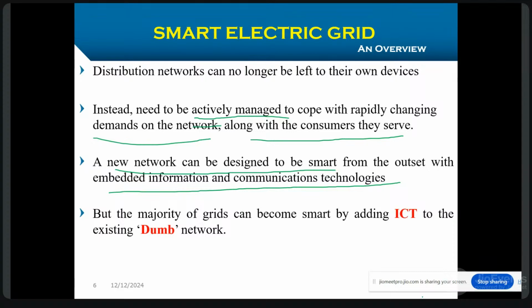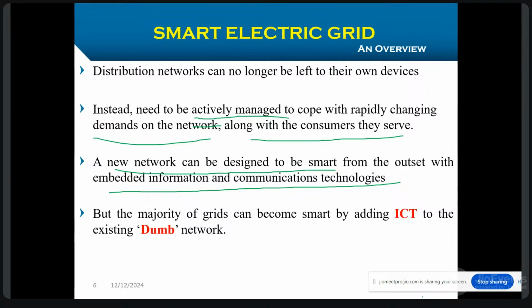Let us say, as we discussed at the beginning, the system has to have self-awareness. Means I need to know the voltage and current at a particular point. So wherever I want to know the voltage and the current, let me install a sensor there. And I need to communicate this voltage and current to some control station.